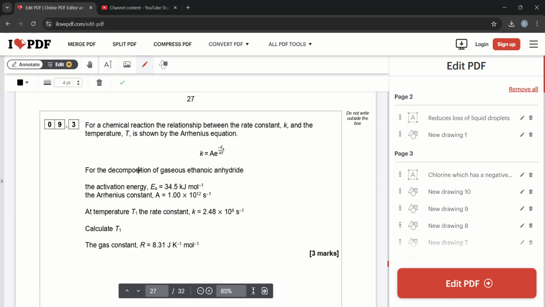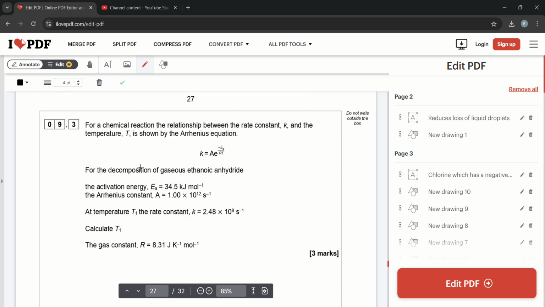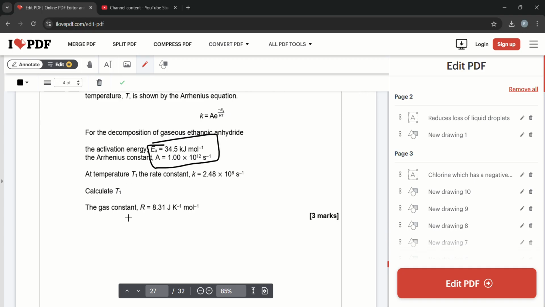And then it says 9.3 and 9.4. 9.3, for a chemical reaction, the relationship between the rate constant and the temperature T is shown by the Arrhenius equation for decomposition of gaseous ethanoic anhydride. Activation energy is that. Arrhenius equation constant A is that. At temperature T1, the rate constant k is that. Calculate T1.